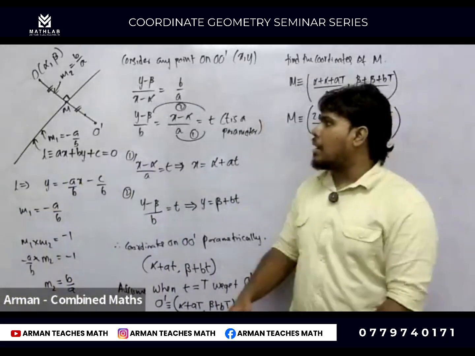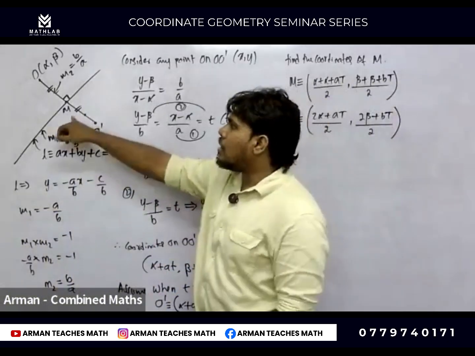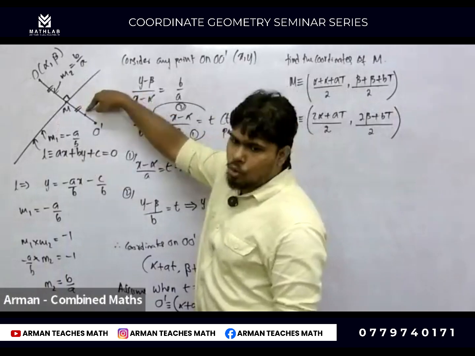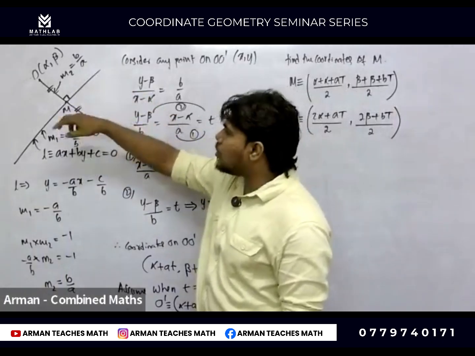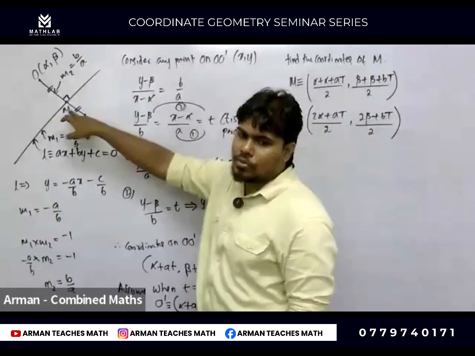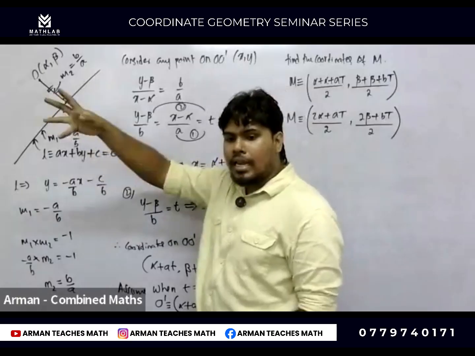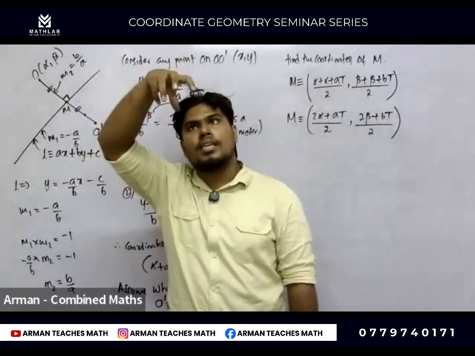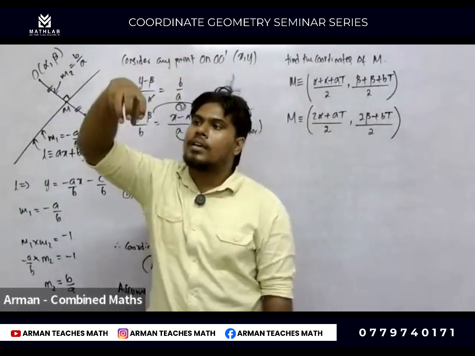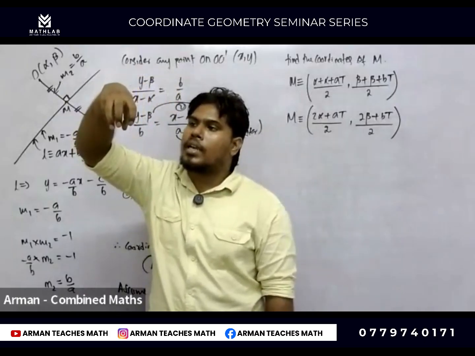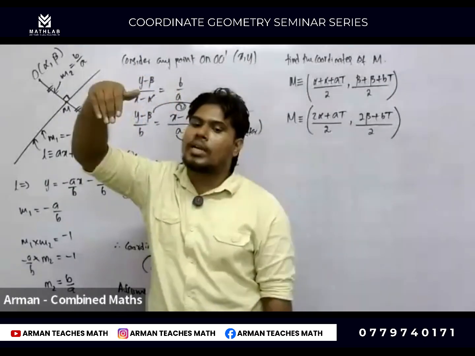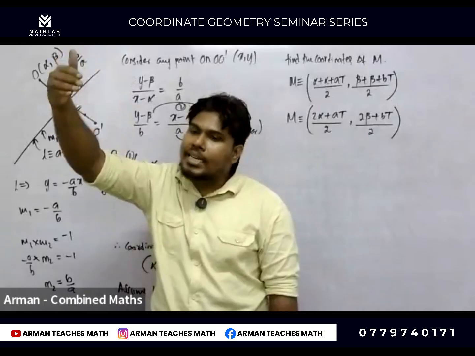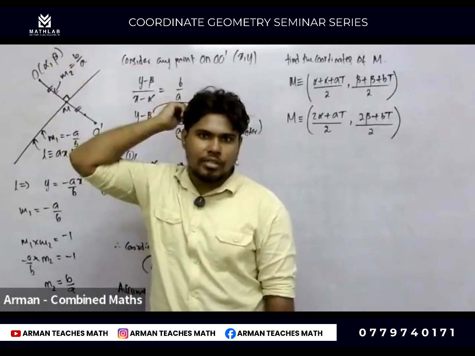Instead of finding the capital M point coordinates by taking the equation of this OO dash and solving the equations to get the XY coordinates of M, I will go with this idea. Can you recall? We discussed the theory that coordinates of a point on a straight line segment satisfy the straight line equation.